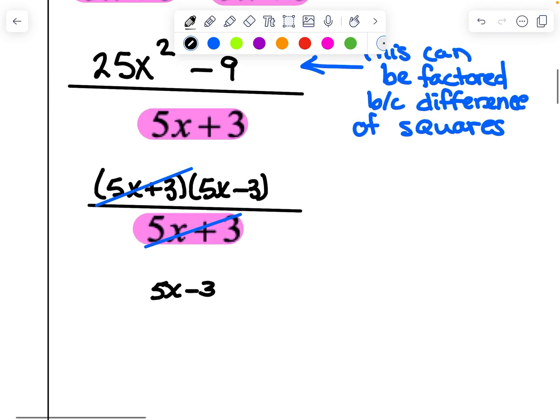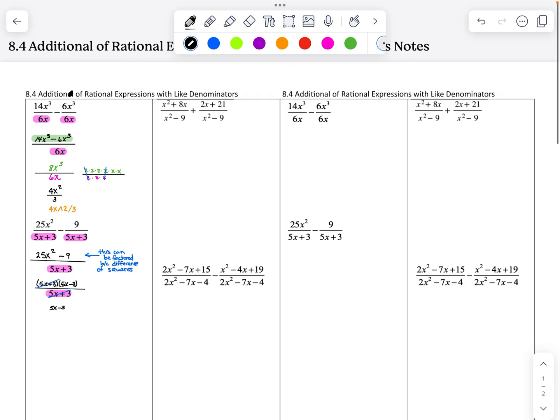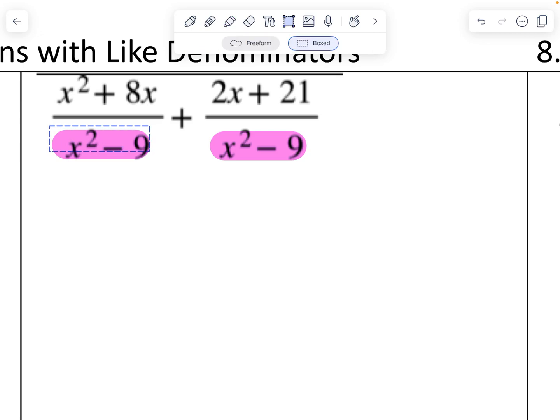All right. Is there another one? Up here. Okay. So I guess if we're writing steps, step 1 would be see if your denominators are the same. This denominator is identical to that denominator. So super fantastic, yay. Our denominators are the same. It's so nice when that's the case.